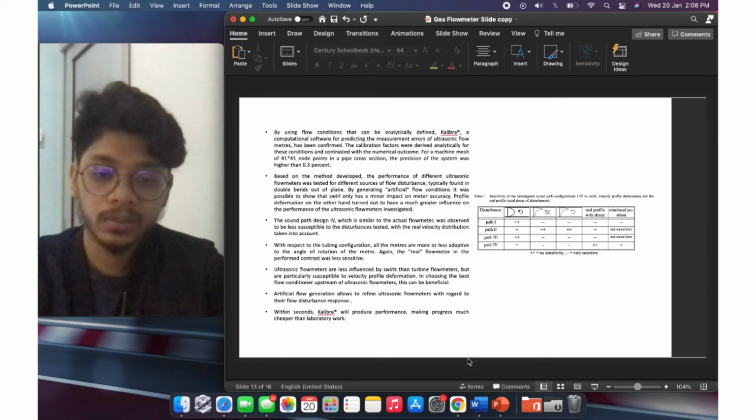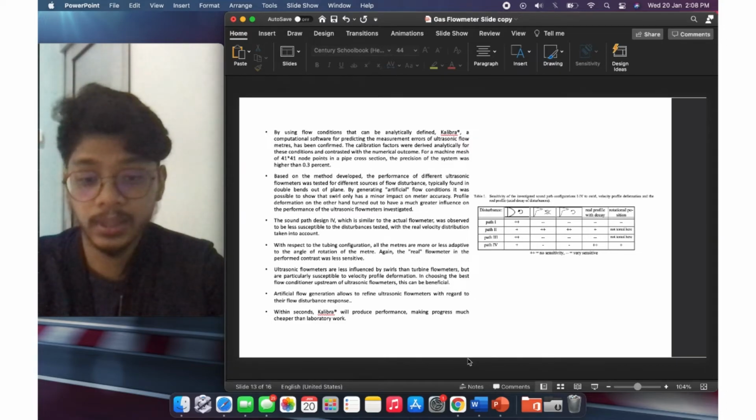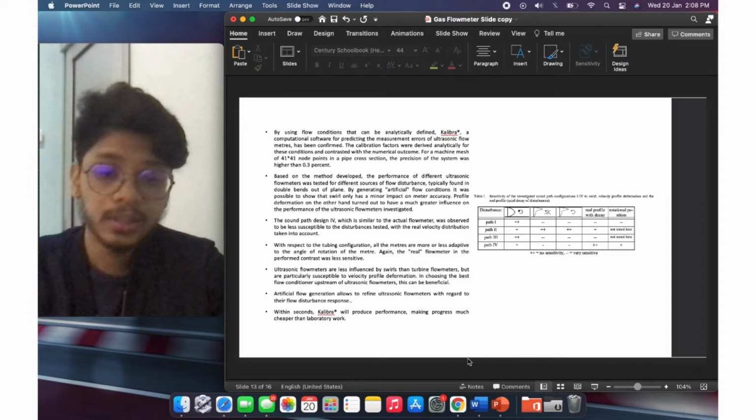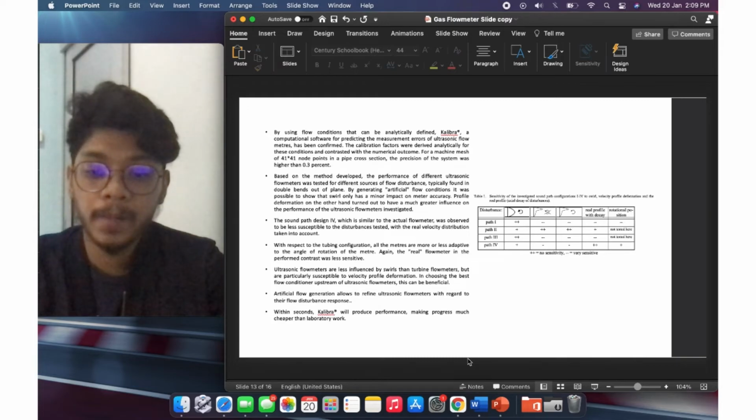With respect to the tubing configuration, all meters are more or less adaptive to the angle of rotation of the meter. Again, the real flow meter in the performed contrast was less sensitive. Ultrasonic flow meters are less influenced by swirls than turbine flow meters, but are particularly susceptible to velocity profile deformation.